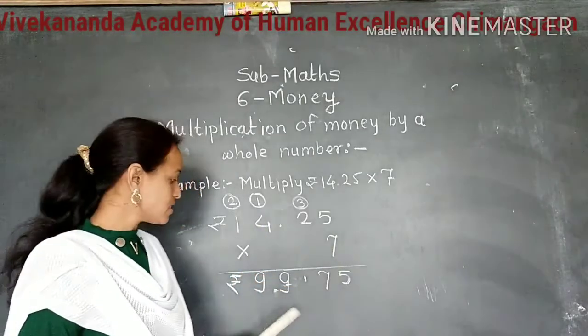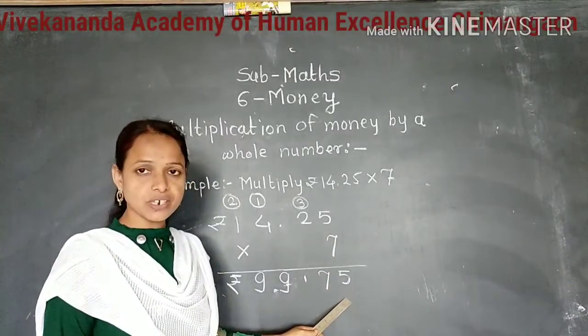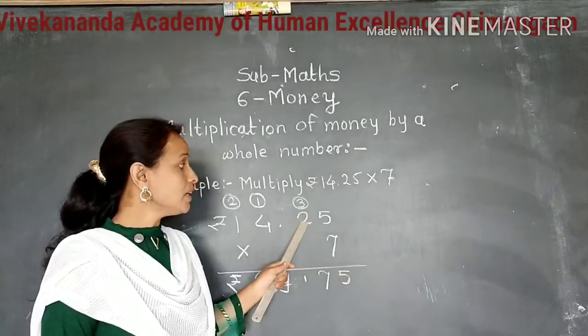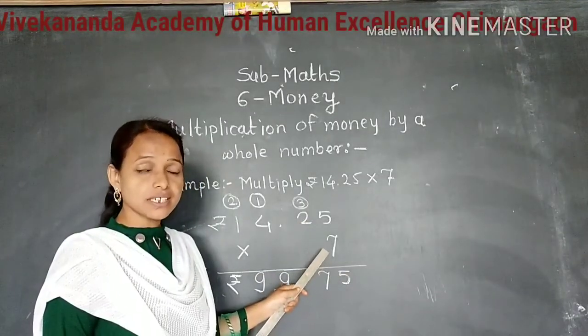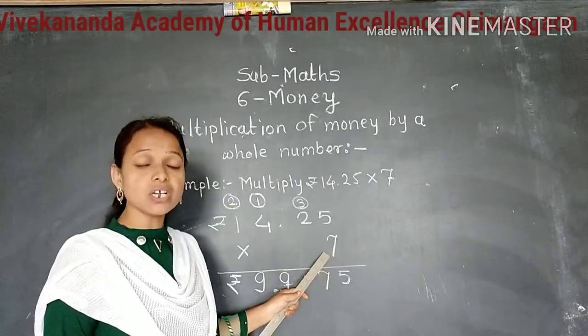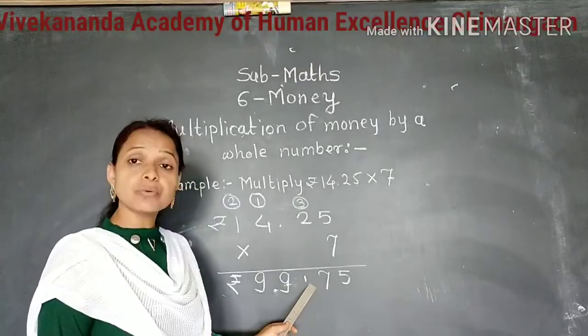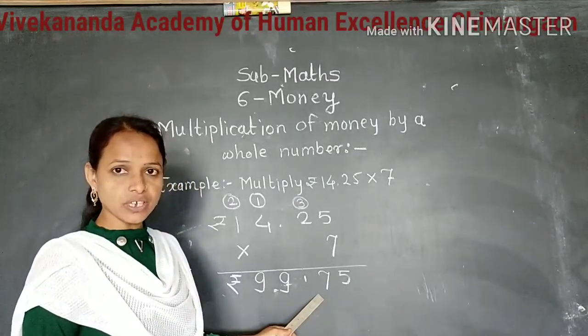We get the answer 99 rupees 75 paise. Look here students, how we multiply money by a whole number. The multiplication of money is the same as multiplication of numbers, only we have to put the dot from the right of two places. Okay.